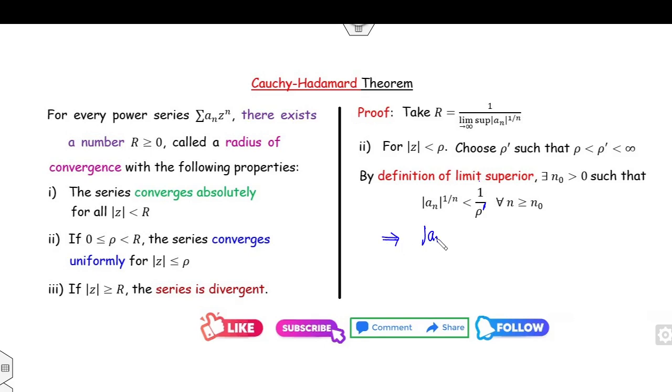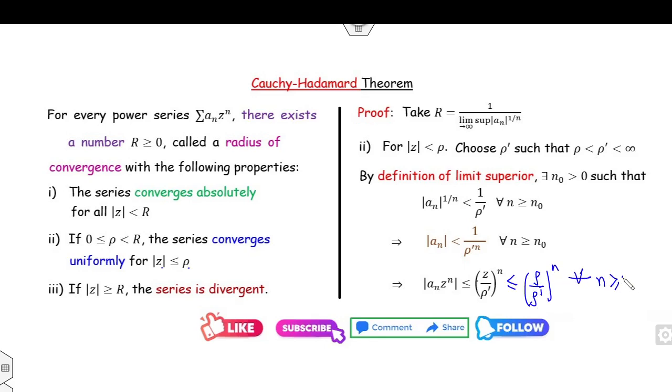So again, I can find an is less than 1 over rho dash to the power n. I can multiply both sides by z raised to power n, so it will be z over rho dash raised to power n. Also, we can see the value of z is less than rho. I can say this is less than or equal to rho over rho dash, for all those values of n which are greater than n0.